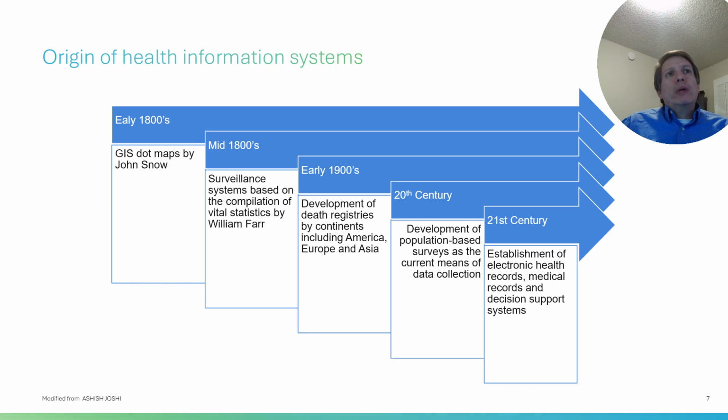In the 20th century, we started to develop population-based surveys. Then we have the National Health Survey that is run at periodic times, and I'm going to provide you some link and you can go and look into that data set. That is really interesting.